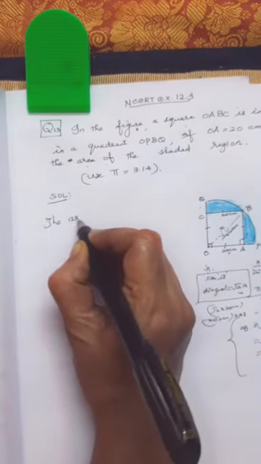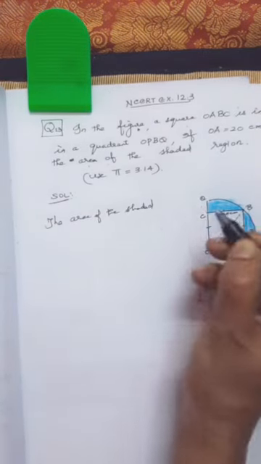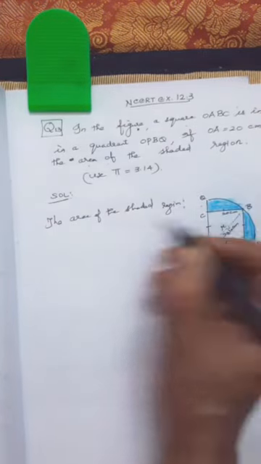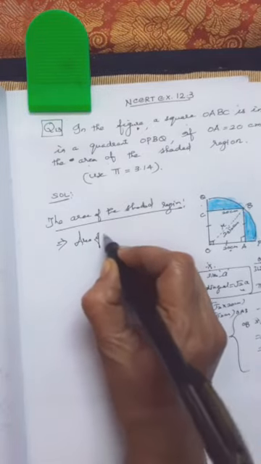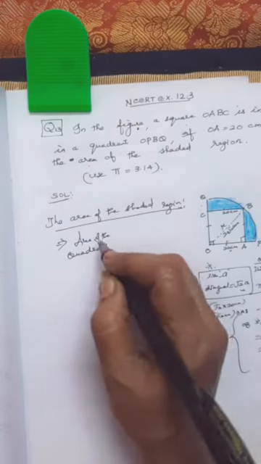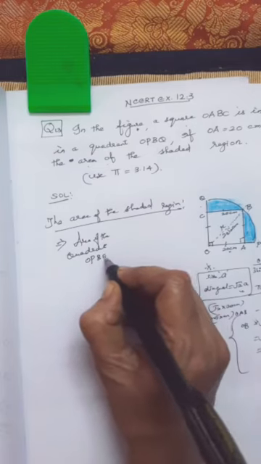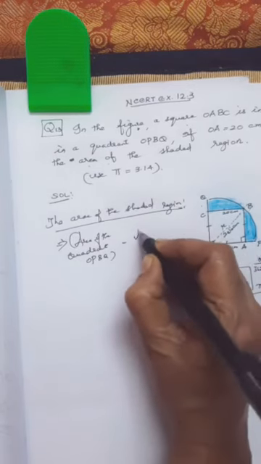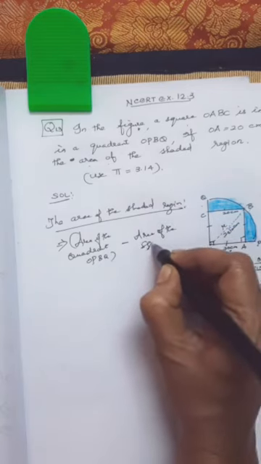The area of the shaded region is equal to area of the quadrant. Let us write the name of the quadrant, OPBQ, minus area of the square.